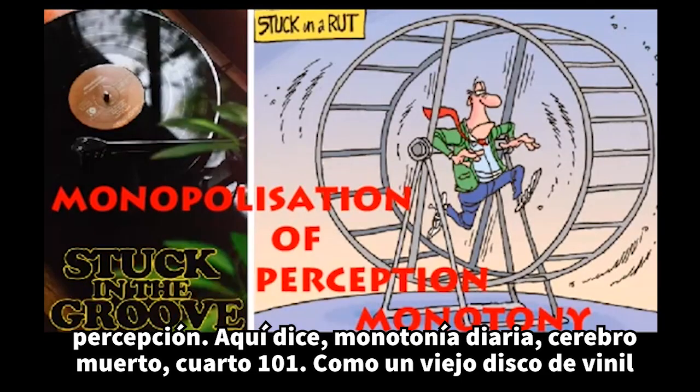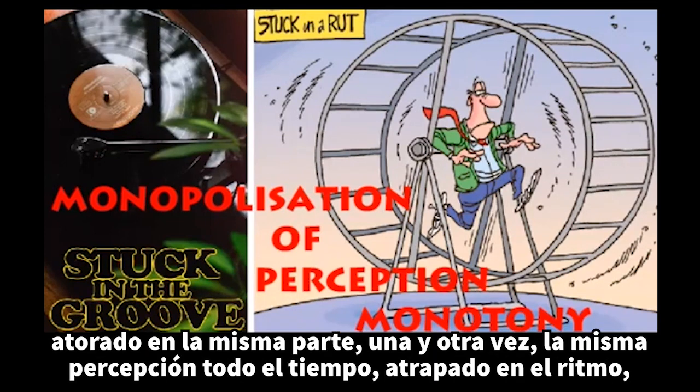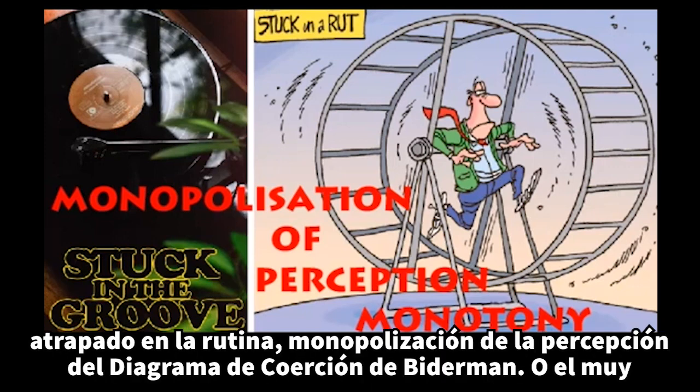Like an old vinyl record getting stuck at the same part over and over again. Same perception all the time. Stuck in the groove, stuck in a rut. Monopolization of perception on the Biderman chart of coercion.